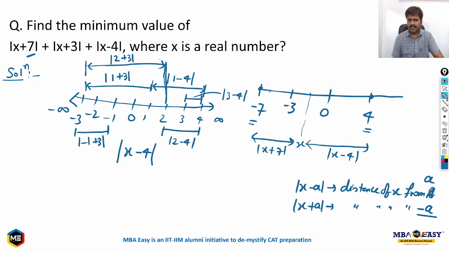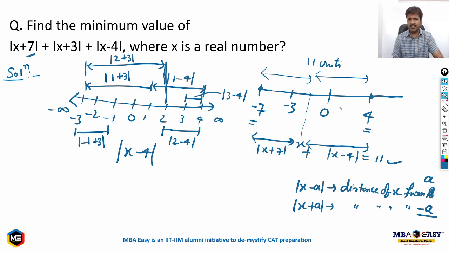If you take x somewhere in between these two extreme points, you'll always find x plus 7 का mod is distance of x from -7, and x minus 4 is distance of x from 4. तो इन दोनों का सम हमेशा सेम होगा ना, -7 से x और x से 4. तो इसका मतलब हुआ ये टोटल मिला के कितना हो गया, 7 इधर और 4 इधर, 11 यूनिट्स. So I can say these two will always add up to 11 if I am selecting x between -7 and 4.